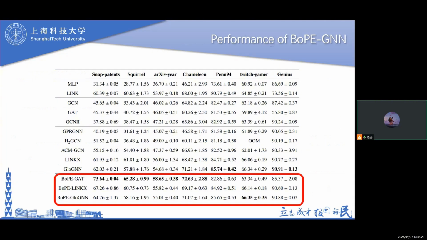The improvements of BOP-GNN for LINKX and GloGNN were smaller. This might be due to the fact that LINKX and GloGNN already explicitly encode the first-order original graph topology and have far more parameters than BOPNet, making optimization more difficult.